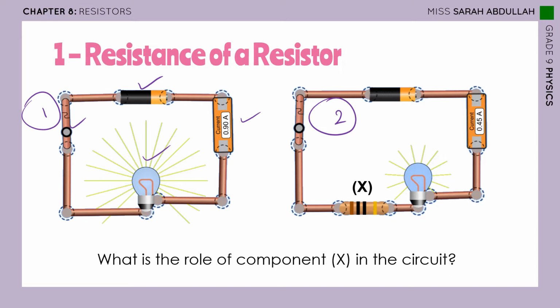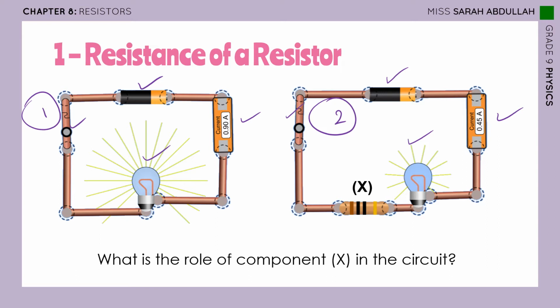The second circuit consists also of a dry cell, a closed switch, some connecting wires, a lamp, and an ammeter. But we have an extra component here, whose name is X. So this is like an unknown component.